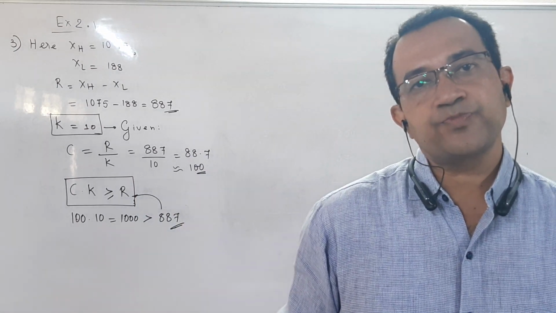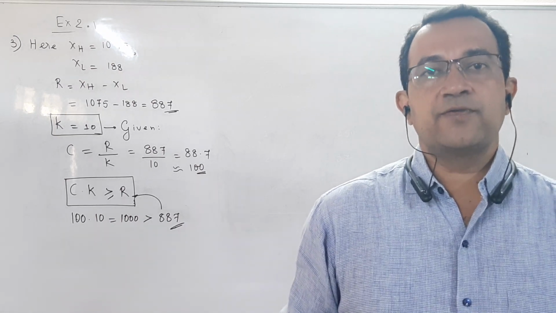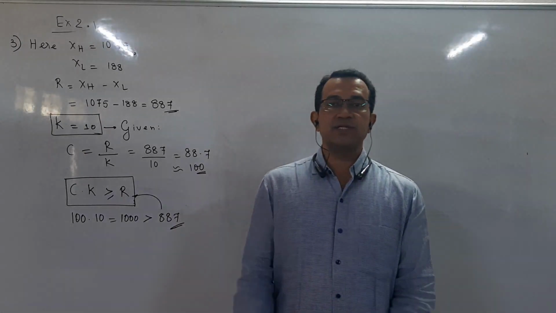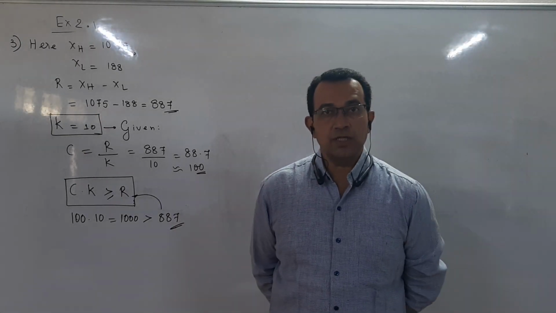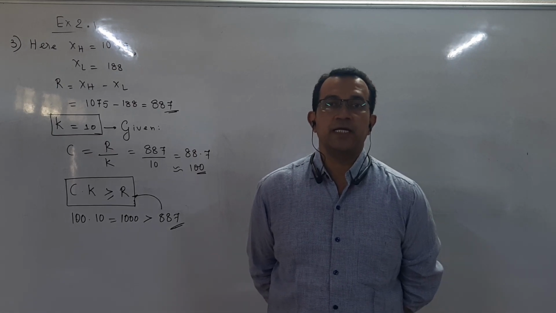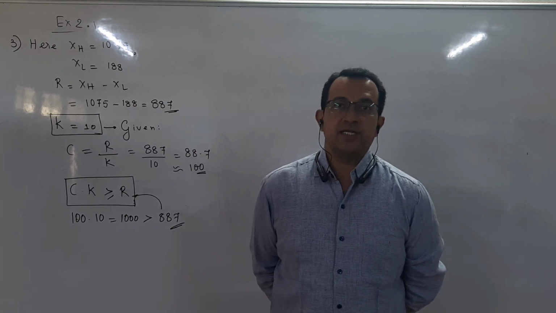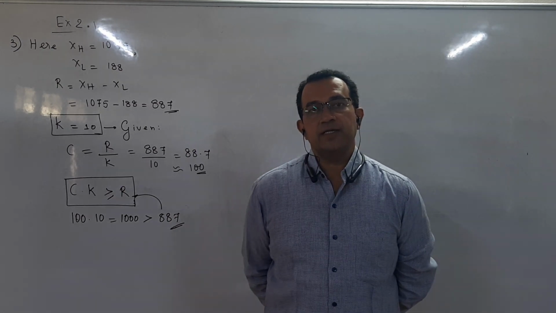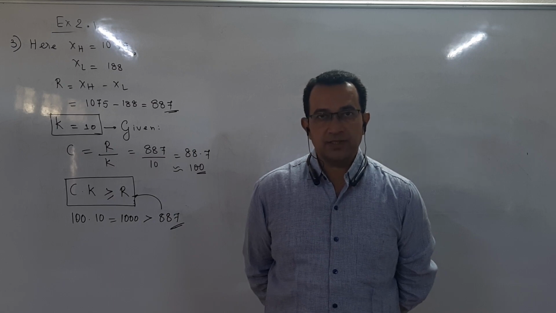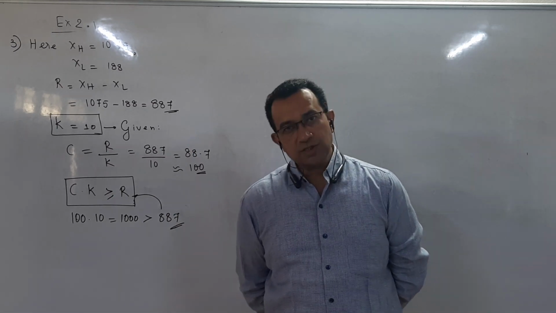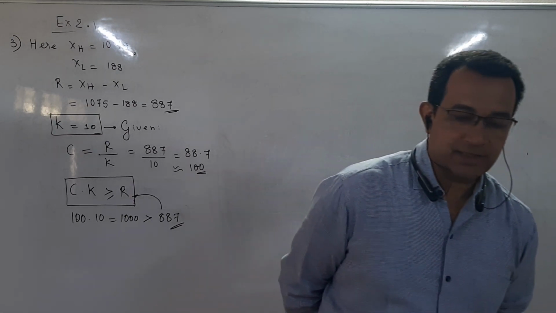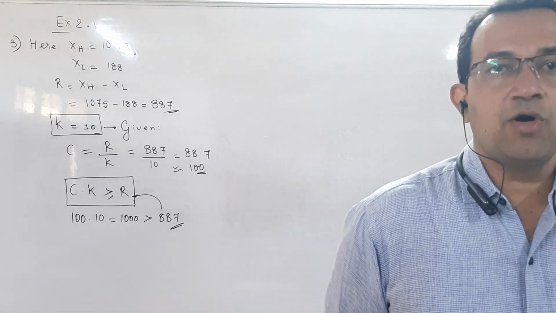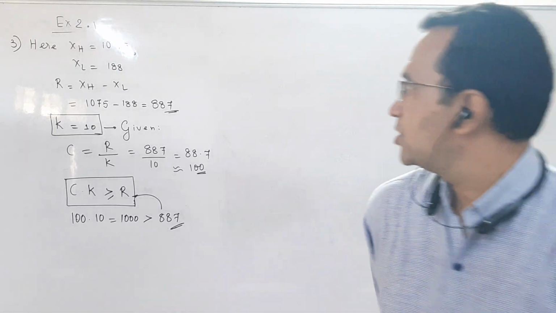Clear, students? So whenever we go for frequency distribution, our first step is to locate XH and XL. Second step, find range. Third step, decide the number of classes and class length. And the fourth step is to prepare the continuous frequency distribution, whether it is inclusive or exclusive.